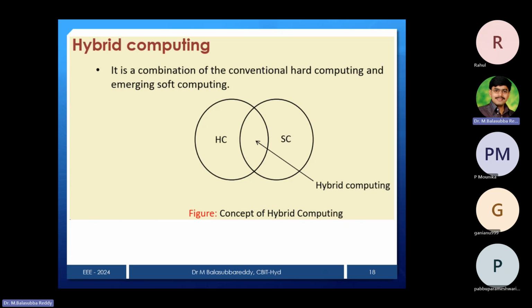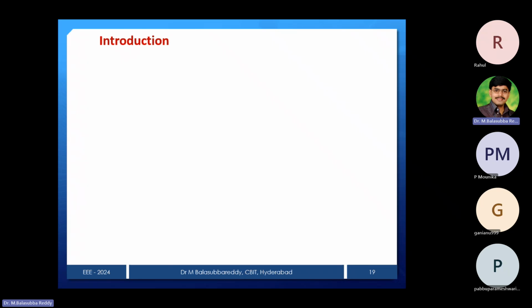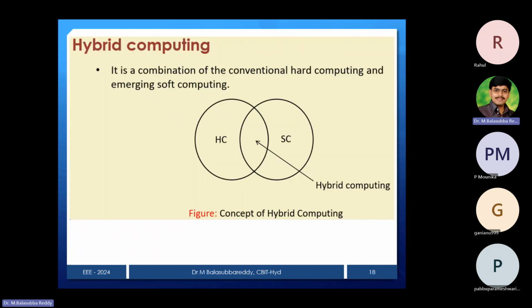Whatever the advantages of hard computing and advantages of soft computing, we mix together. That we call hybrid computing. Later, we'll see the classifications in the next class. And if you have any doubt, you ask me.